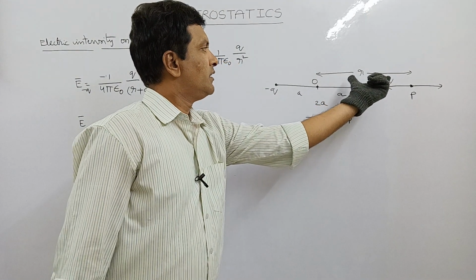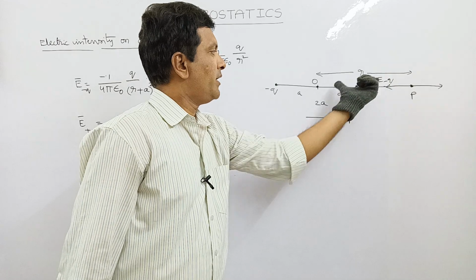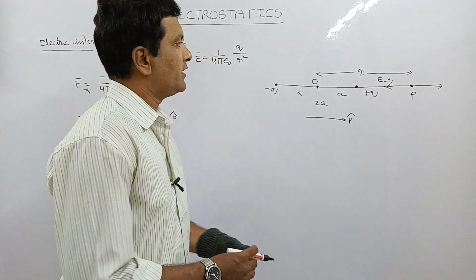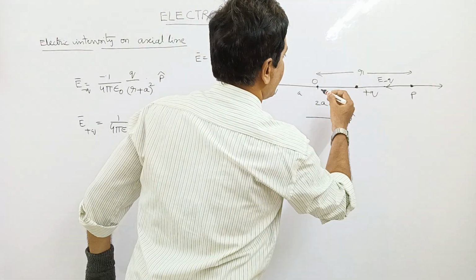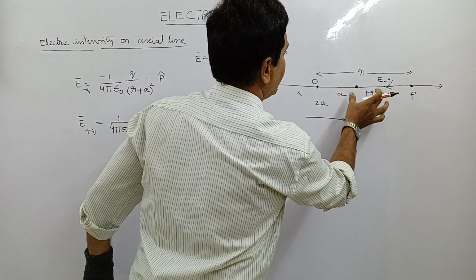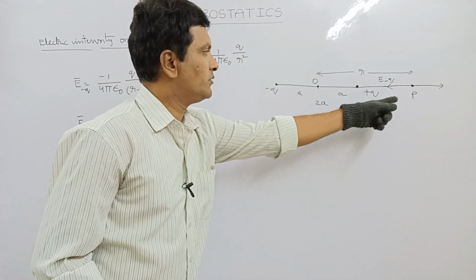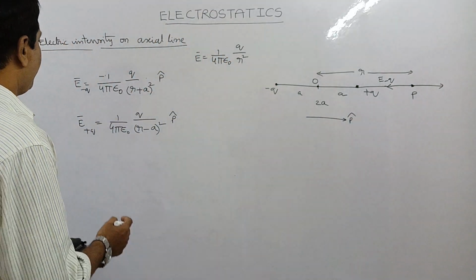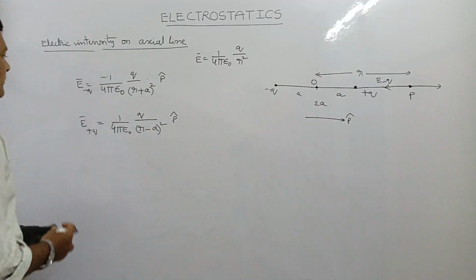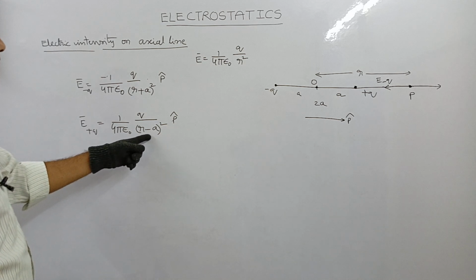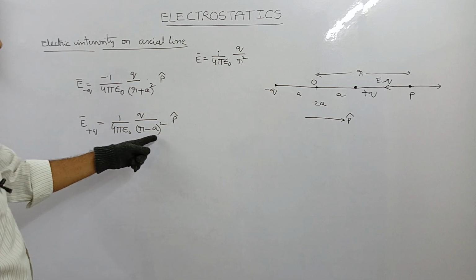That means r minus a: the distance r from dipole center to point P, minus a, gives the distance of positive charge plus q to point P. This is why I have written r minus a.